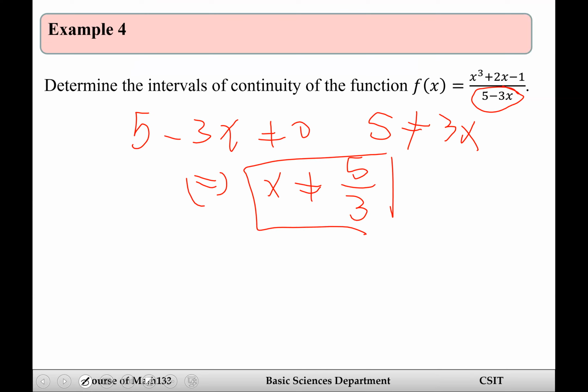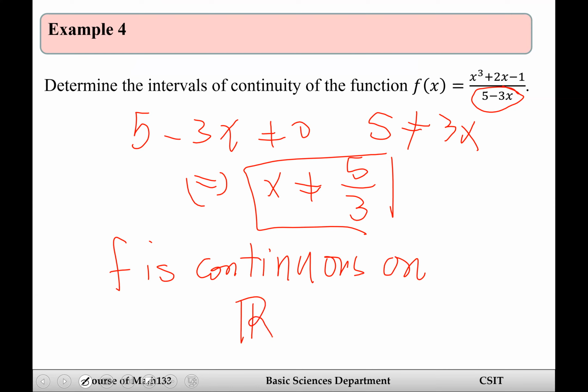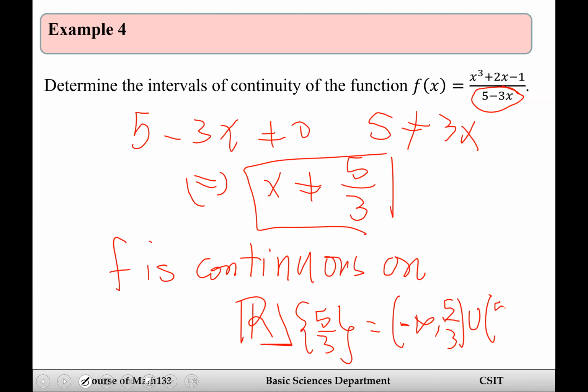So this function is continuous everywhere, okay, except the point 5/3. So we can say that R minus the point 5/3, that I can write in the following way: (-∞, 5/3) open, union (5/3, ∞) open.